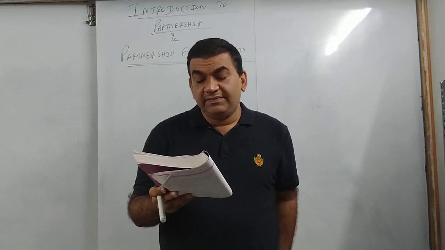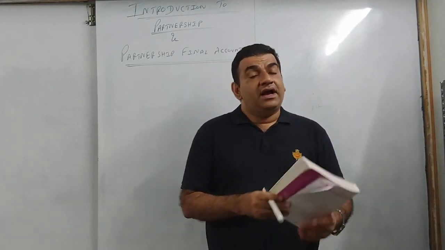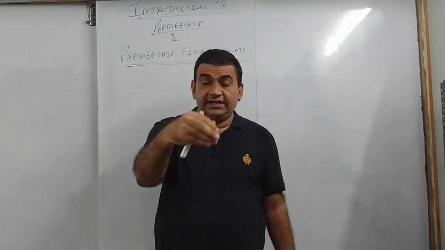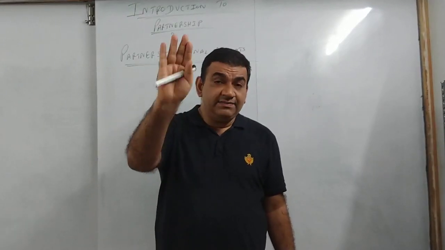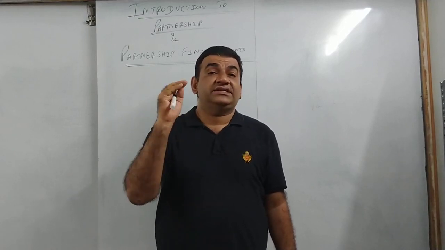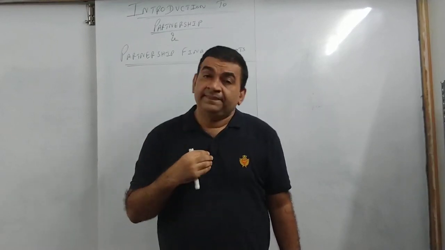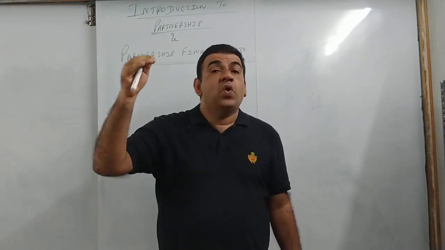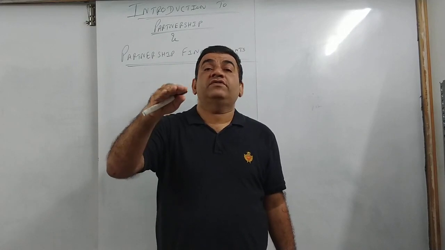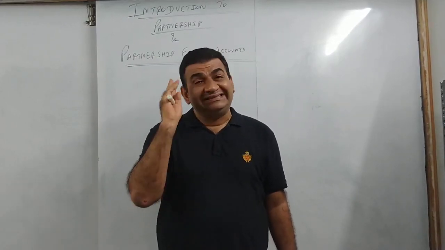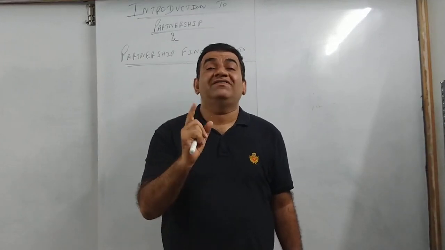Next, unlimited liability. As I mentioned, under the Partnership Act, the liability of the partners is unlimited. I told you in the starting, limited means the capital contribution only has to be to the extent of the partner's capital. Unlimited means they will have to bring capital over and above what they have originally invested in the business. For a partnership firm, the liability of partners is always unlimited.